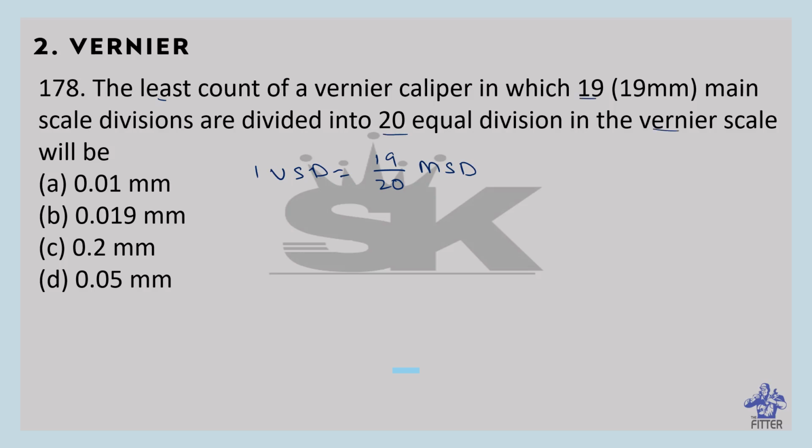So least count equals 1 MSD minus 1 VSD equals 1 MSD minus 19 by 20 MSD. So that would be how much? 1 by 20, right?